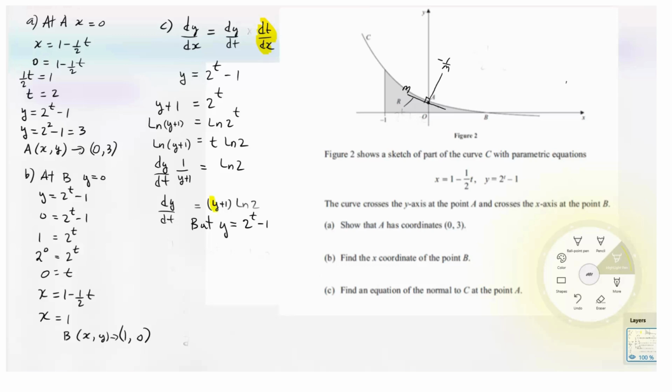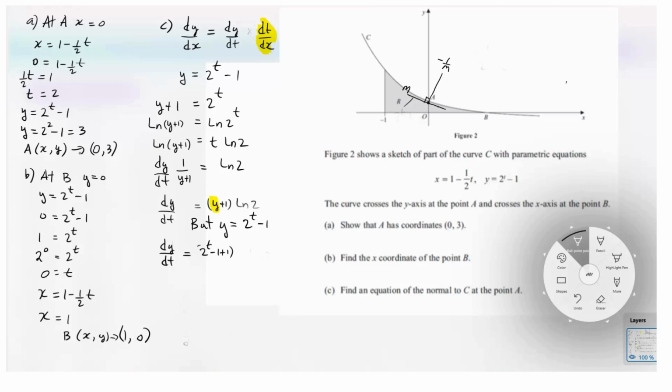So therefore, dy by dt equals 2 to the t minus 1 plus 1 times the natural log of 2, which is 2 to the t times the natural log of 2. Okay, so that's what we have for dy by dt.